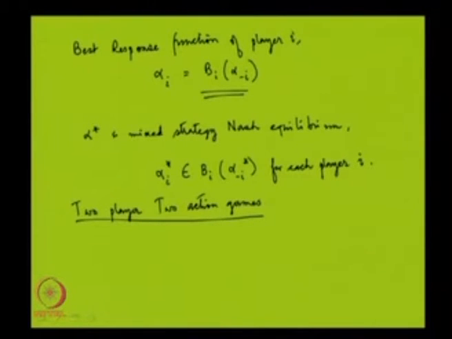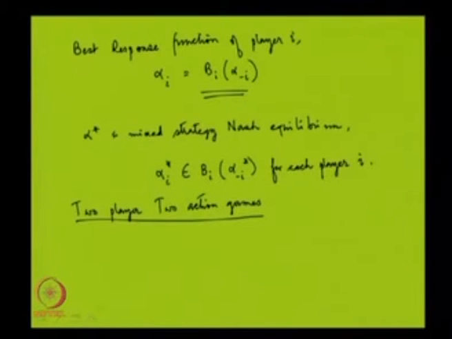Then we shall try to see whether we can use the intuition from these two player, two action games to games which are more complicated, where there are more than two actions or maybe more than two players.